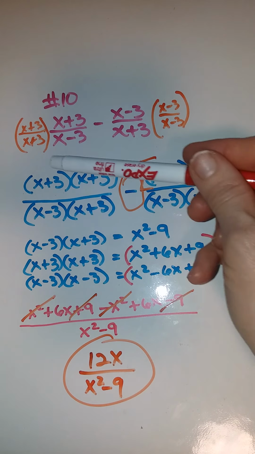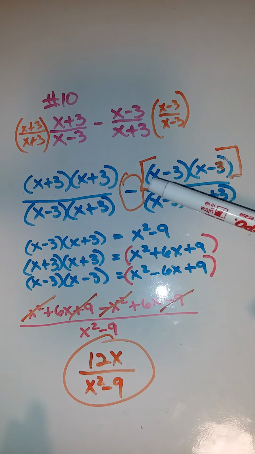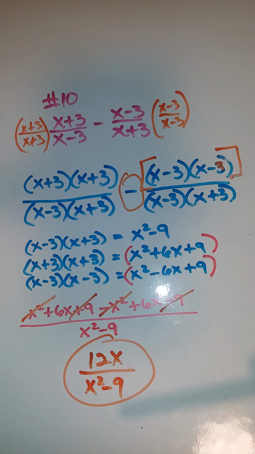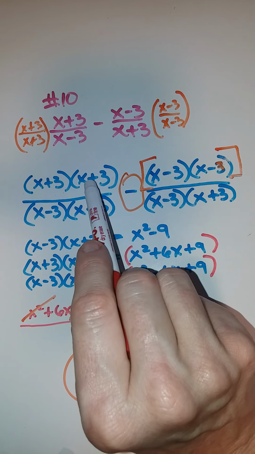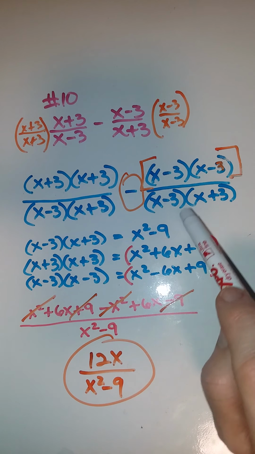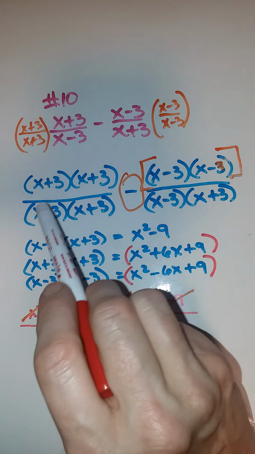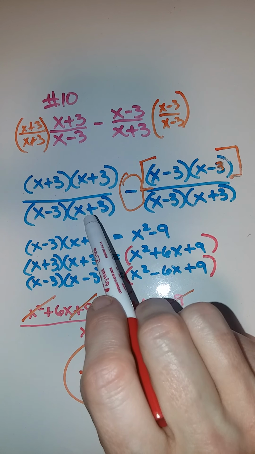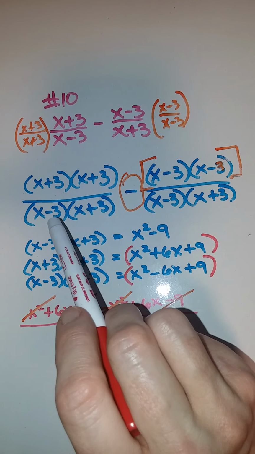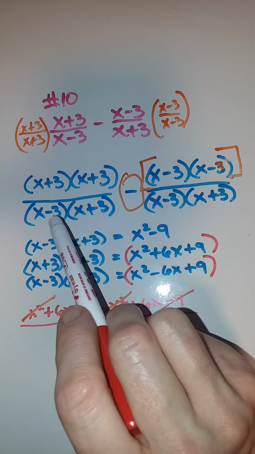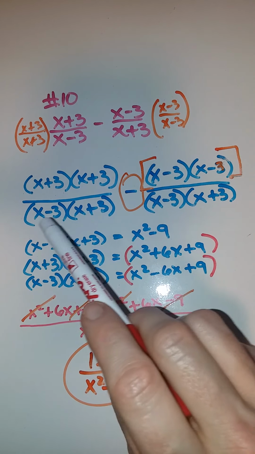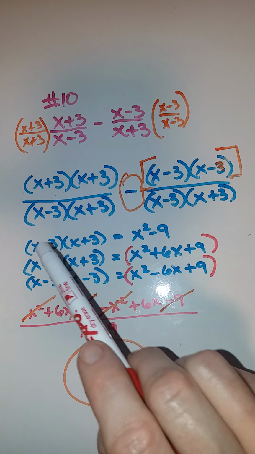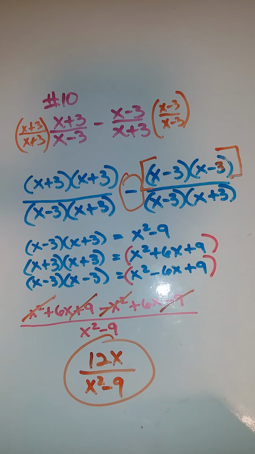And once we do that, this is all just in the same color, so that's a little bit easier for you to understand. We are going to have x plus 3 squared. This is x minus 3 squared. And then we'll have these conjugates finally multiplied by each other. And if we remember correctly, when we multiply those conjugates from factoring, we know that this is a factored form of a difference of squares.